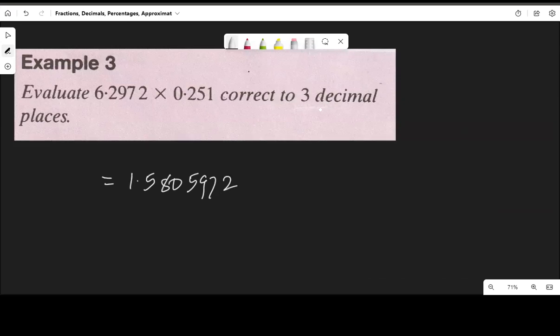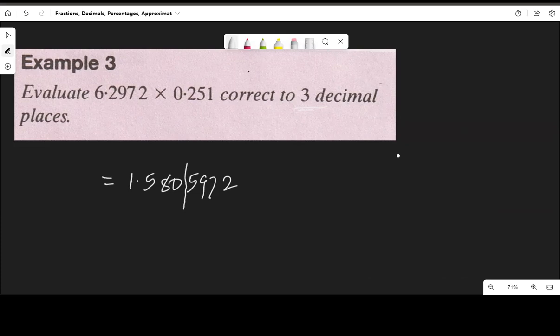But the question says to 3 decimal places. So we count until we get to 3 decimal places, 1, 2, and 3. Let me put a line there. Now the next number after the position of 3 decimal places is 5.